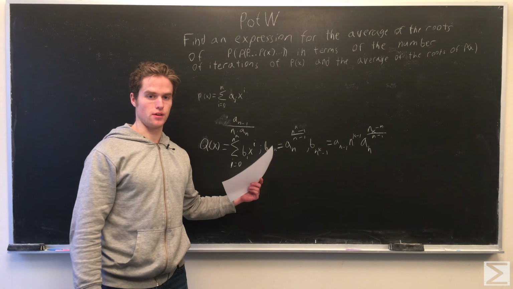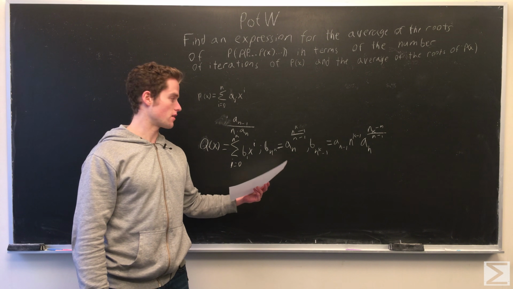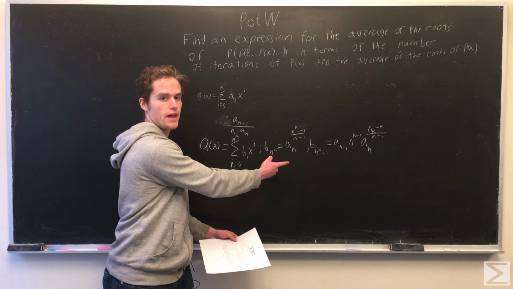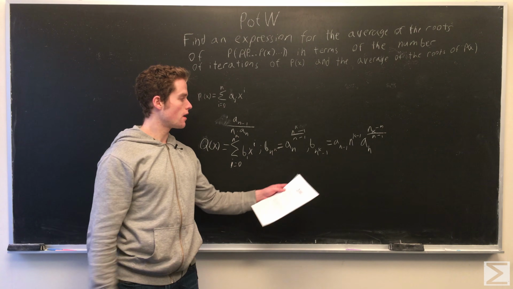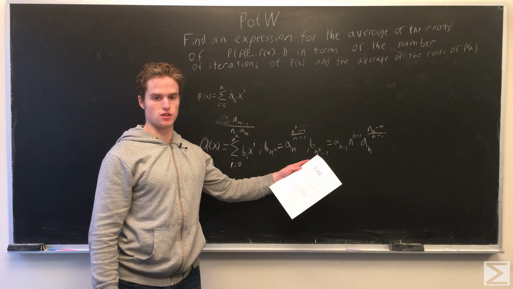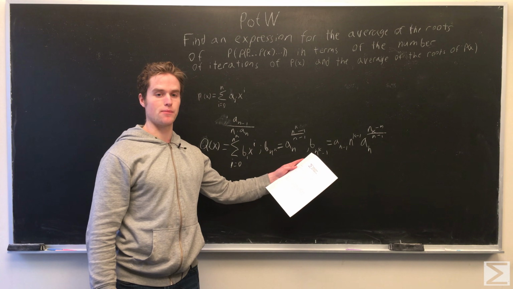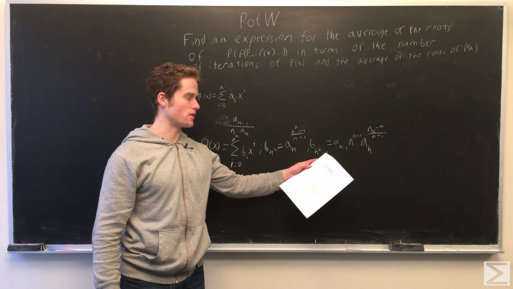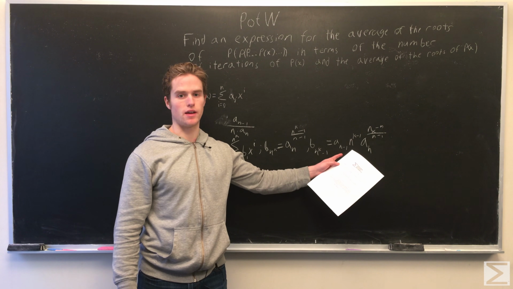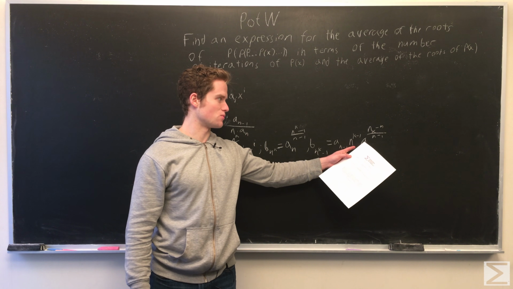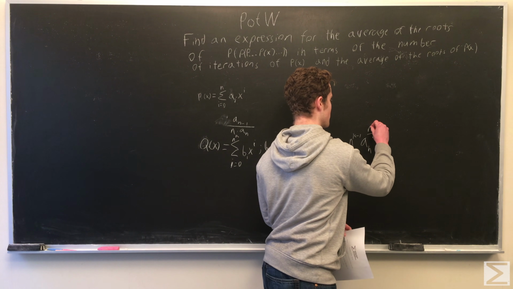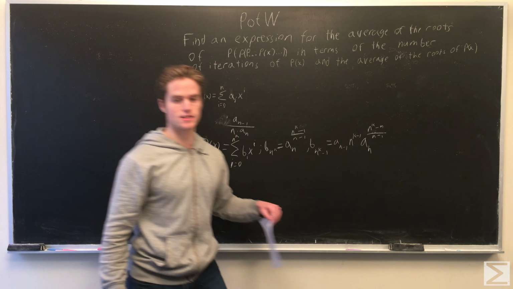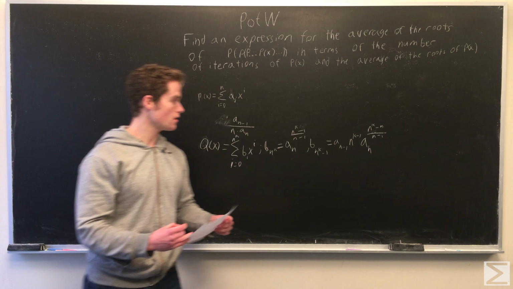And we have the coefficient of x to the n to the k is this thing, a n to the n to the k minus 1 over n minus 1. And the coefficient for x to the n to the k minus 1, b n to the k minus 1, is this thing, a to the n minus 1, n to the k minus 1, a n to the n to the k minus n over n minus 1.